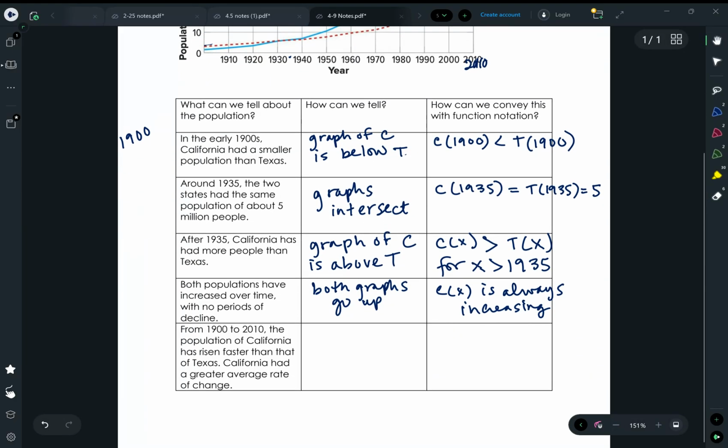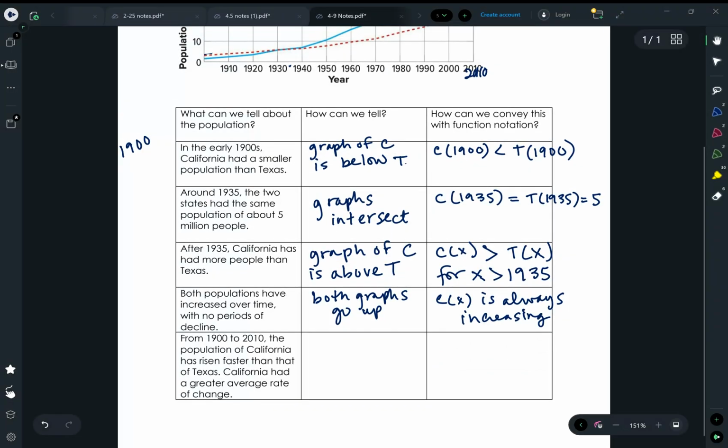And again, we're really looking for informal language here. We want to make sure that we understand with our own thinking how it works. So slope of C is steeper than T. You could say greater, but it's bigger because the line looks steeper.